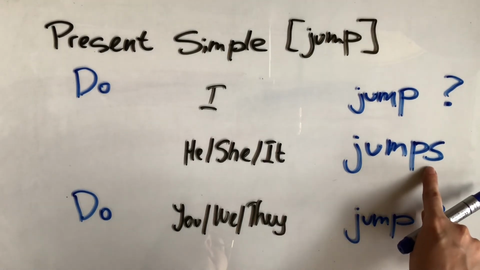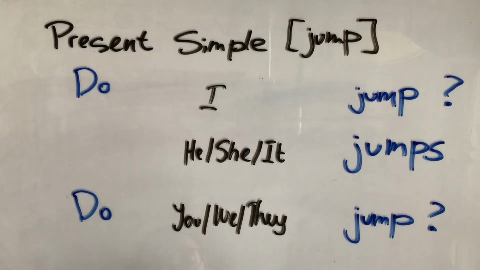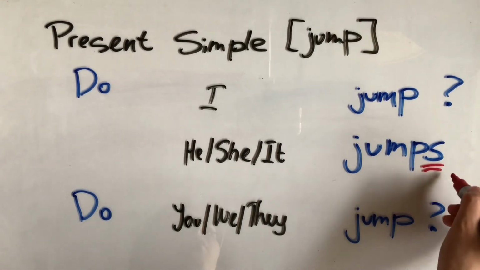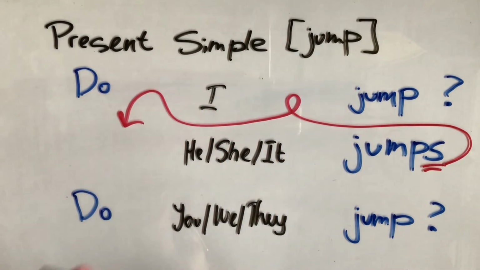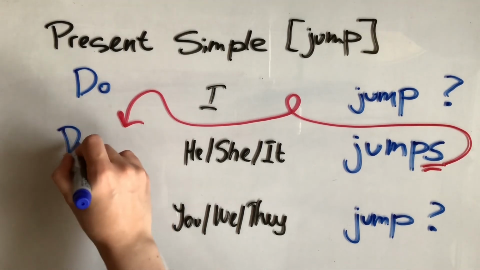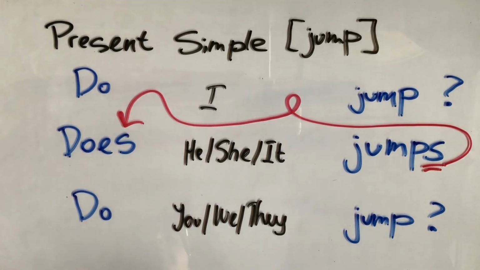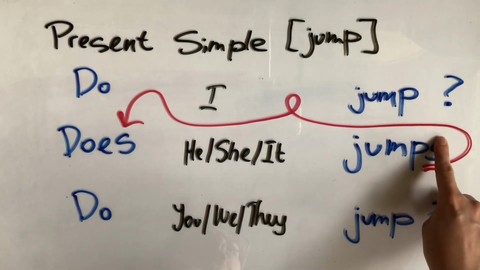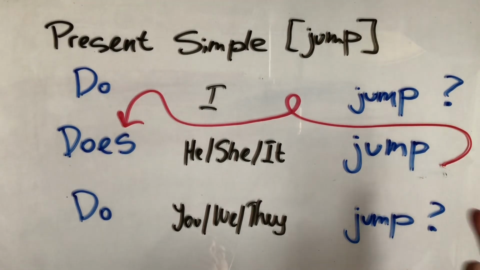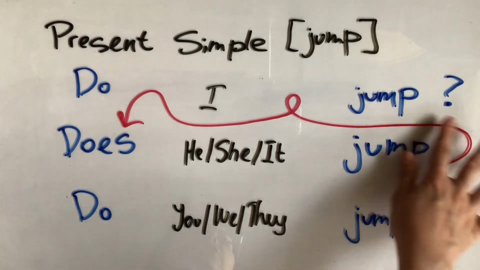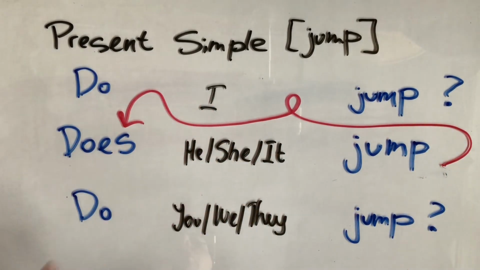The ending S leaves the verb and travels all the way to do. And do becomes does. And S is no longer here at the end of the verb. Why? Because it left jump and traveled all the way to do, and do becomes does.